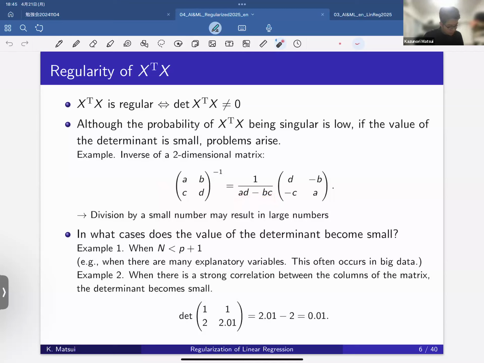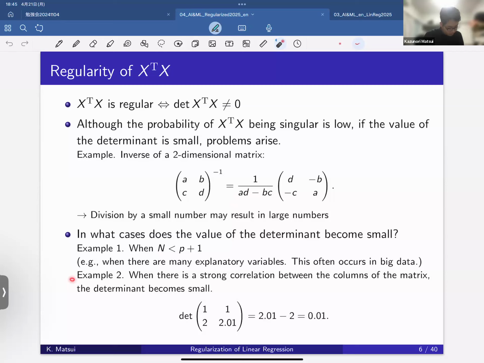When does the determinant become small? One case is when n is less than p plus 1, meaning there are fewer data points than explanatory variables. Also, when there is a strong correlation between the columns of the matrix, the determinant becomes small.